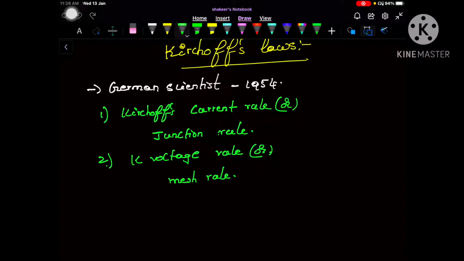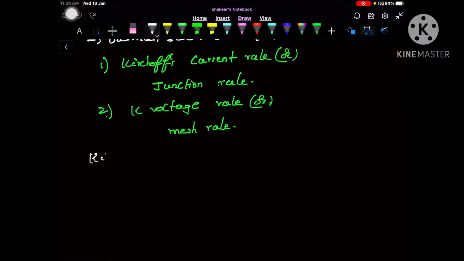Now let us study each of them in detail by taking some examples also. So first we will study Kirchhoff's current rule.